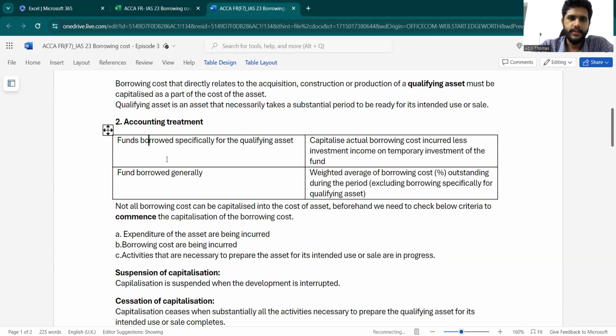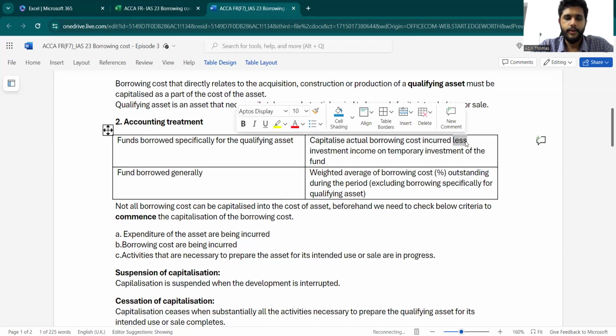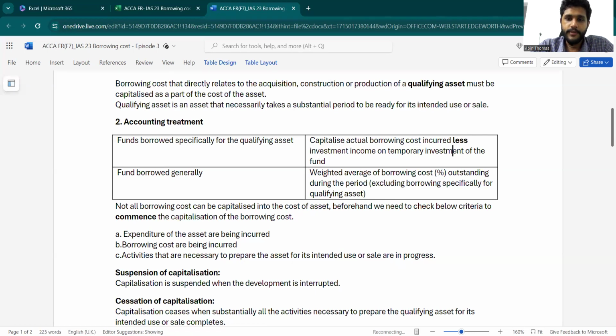So when an organization borrows a loan specifically for a qualifying asset, in our example the manufacturing plant, the standard says we can capitalize the actual borrowing cost incurred for that qualifying asset. And then it says we need to deduct the investment income on temporary investment of the fund.